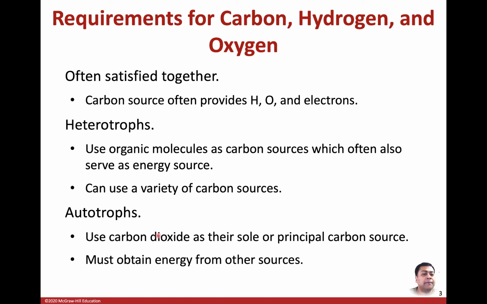We are going to see that to reduce carbon dioxide into an organic molecule, they must obtain energy from other sources, meaning that these autotrophs cannot use organic molecules as the energy source, and must obtain energy just from a chemical reaction or from a light source.